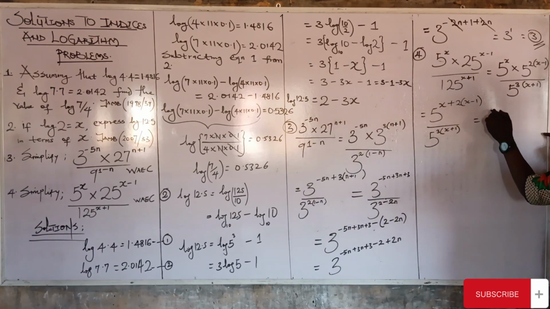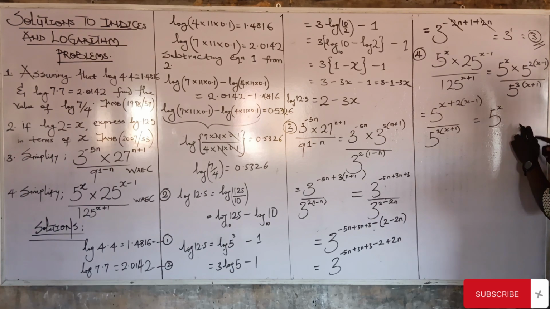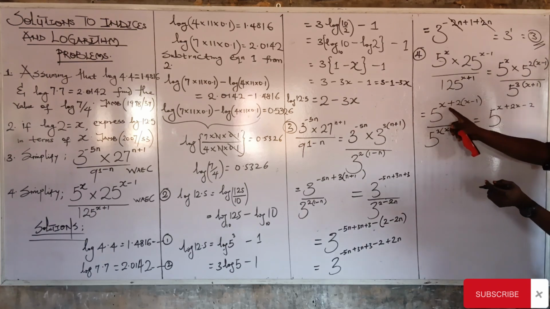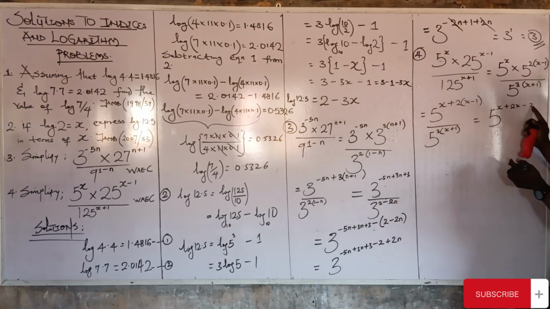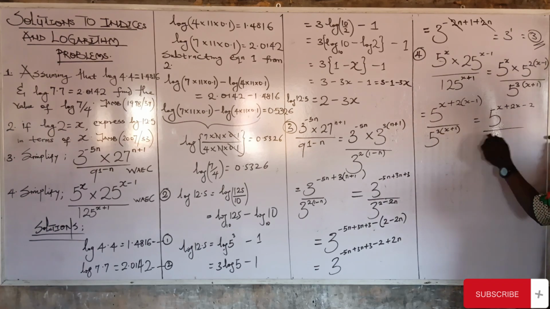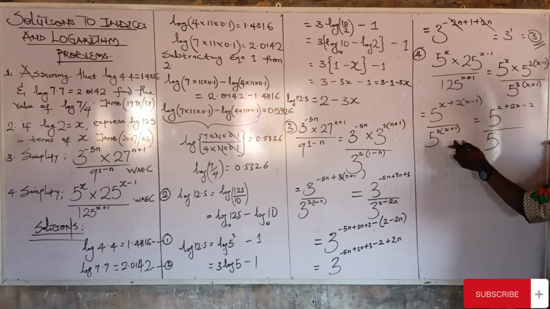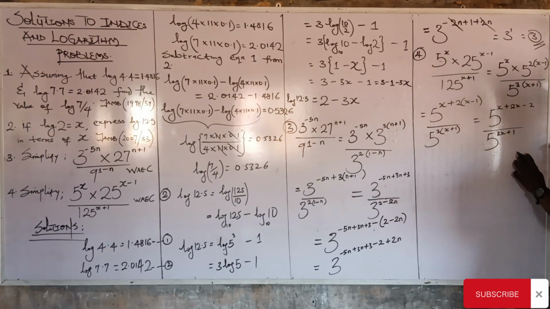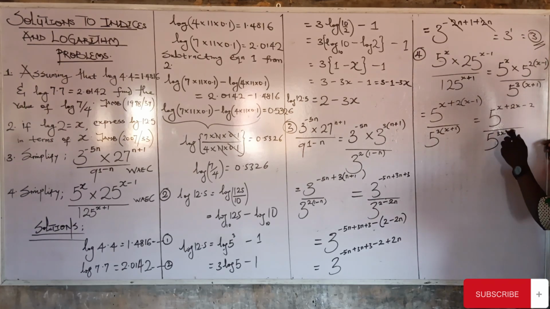Let's expand the power. 2 times x, plus 2 times x minus 1, we have 2x minus 2, because positive times negative is negative. So 2 times 1 is 2. We have the same thing applied to the denominator: 3 times x, we have 3x plus 3.